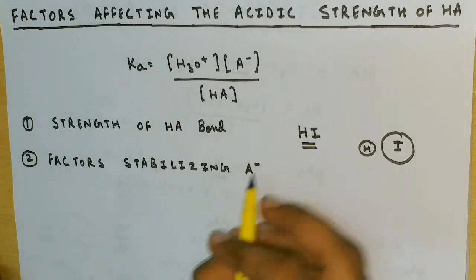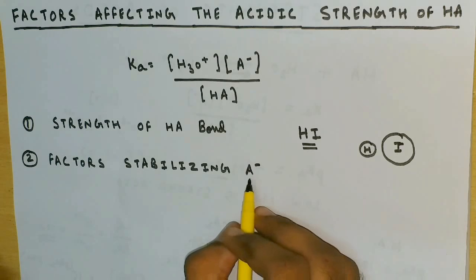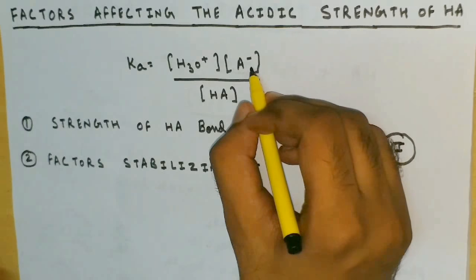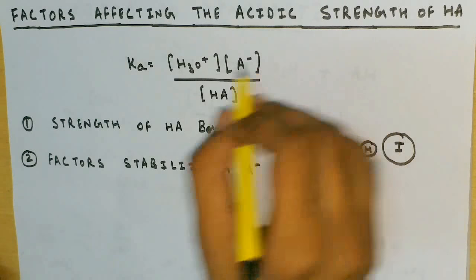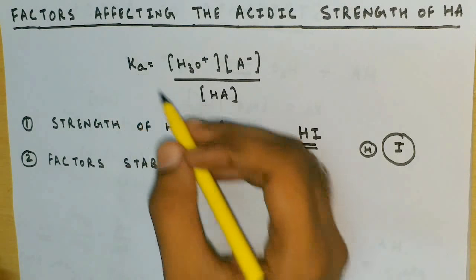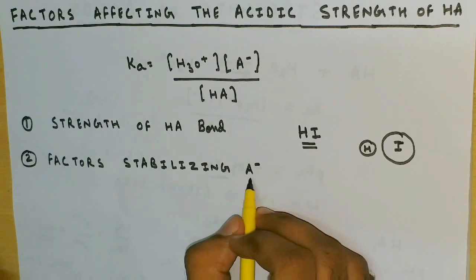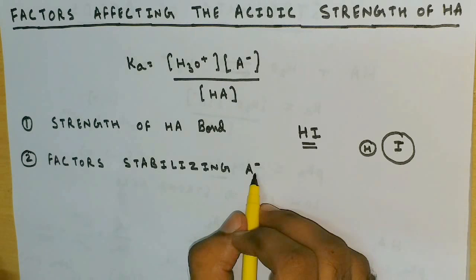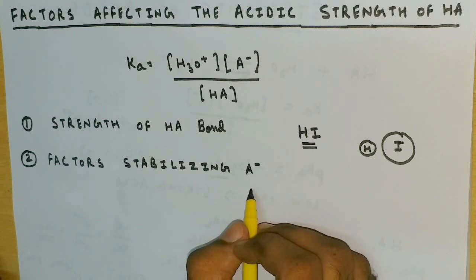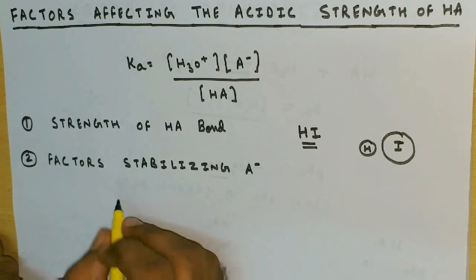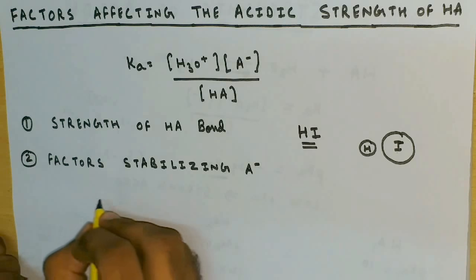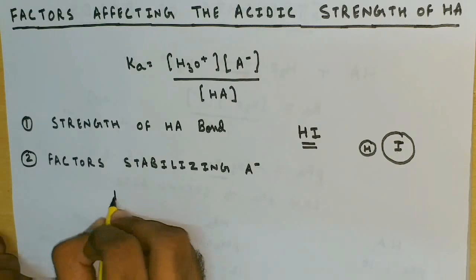If A negative is stable, more of it will be formed, and that means the concentration of A negative will be high, and that in turn will increase the value of Ka. For instance, we can take the formic acid molecule and examine its dissociation. The conjugate base is formate anion, and we will have to check if it is stable. So let's just write down the dissociation of formic acid.